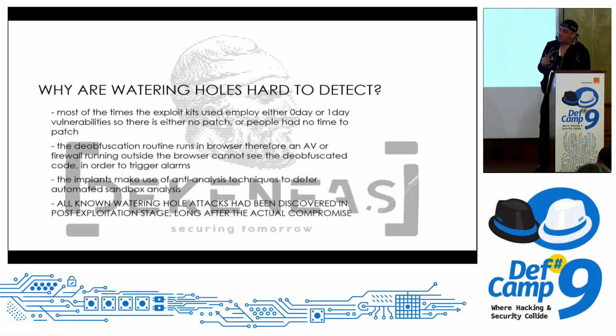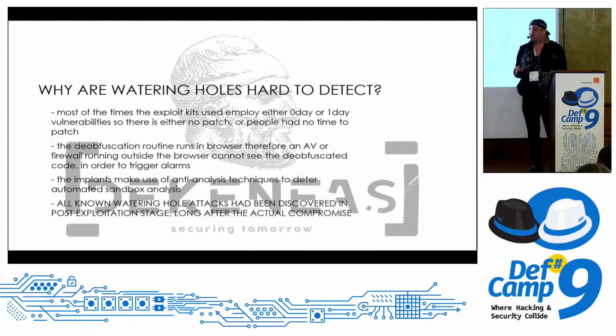Another issue with this type of attack is that most of the time the exploit kits use either 0-day or 1-day vulnerabilities that have no patch issued, or the patch was issued quite recently and people didn't get the time to patch.